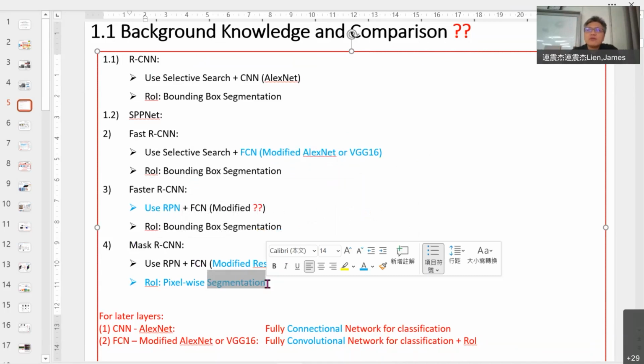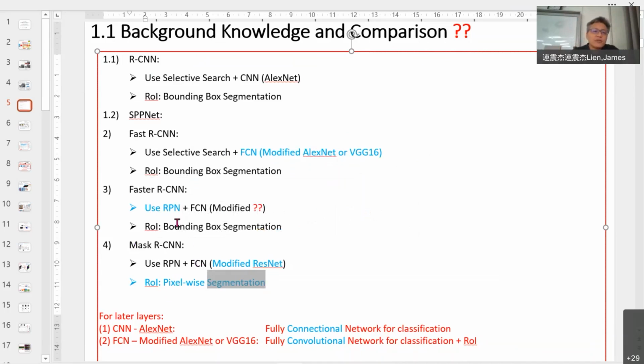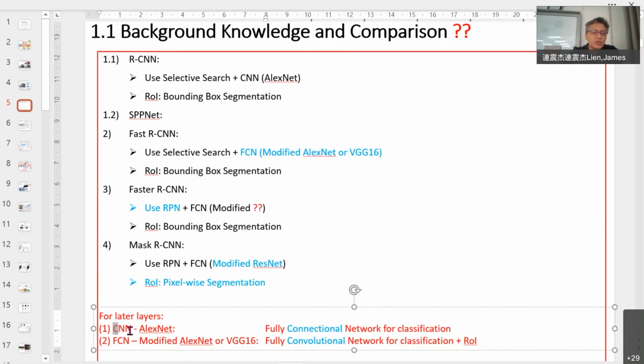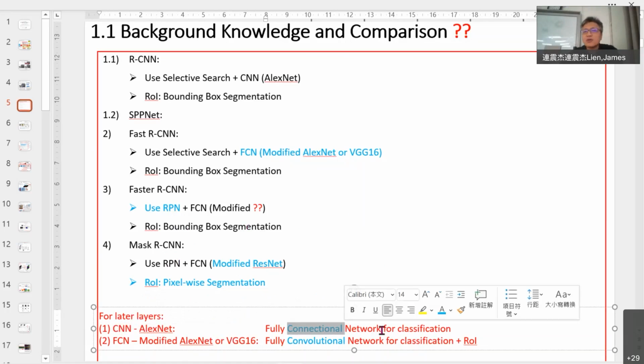So both are different, but both are strongly related to each other. Okay. So we talk about this one. And here I would like to mention, just to review again: usually we do CNN, convolutional neural network, for example AlexNet, which is fully connected.